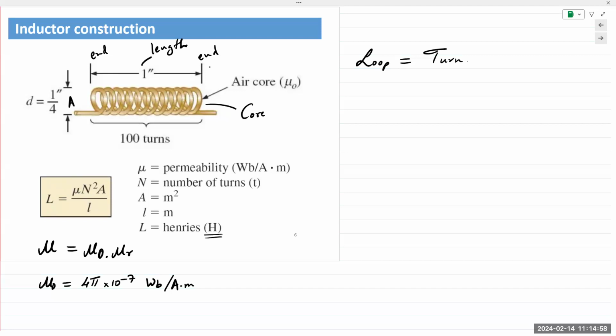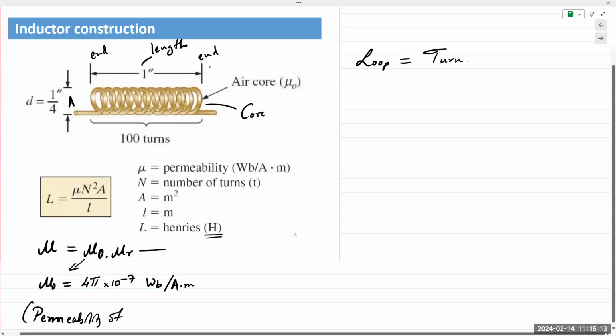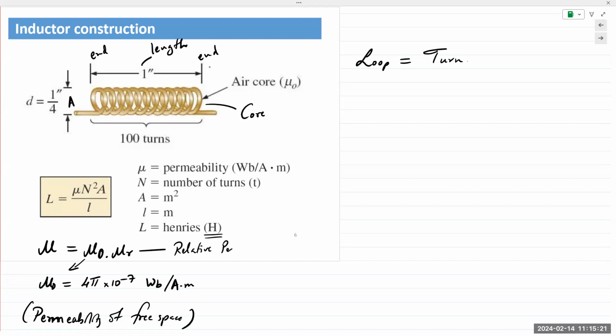Okay, let's see. Mu 0 is, as I stated, the permeability of free space. Mu r is the relative permeability of the core material.